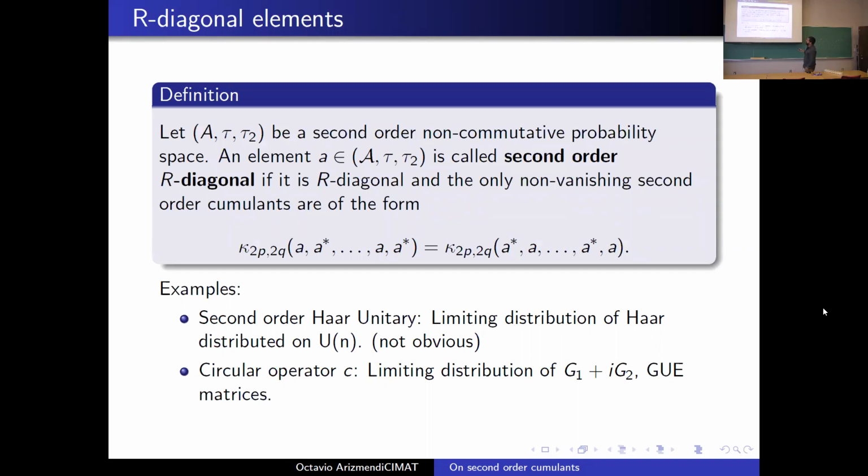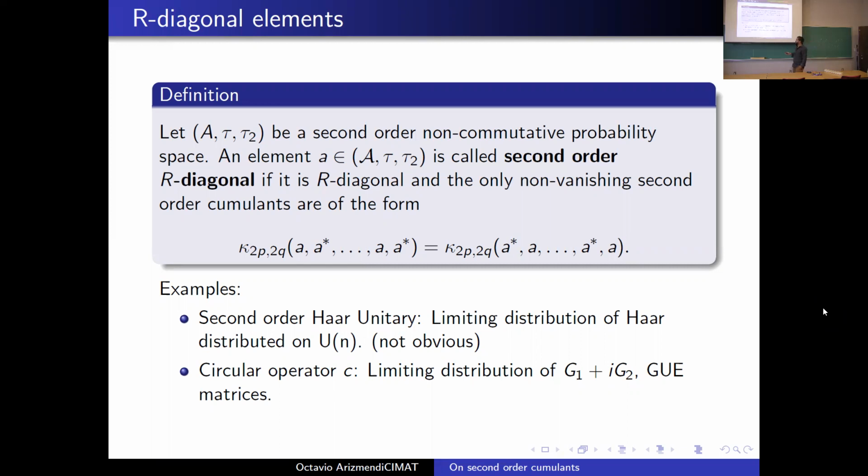Okay, and then I have again this definition of what is a second order R diagonal element. It is first order R diagonal, but I also assume something about second order cumulants, meaning exactly that only the even second order cumulants of the form A A star, A A star, A A star, or the form A star, A star, A are non-vanishing.